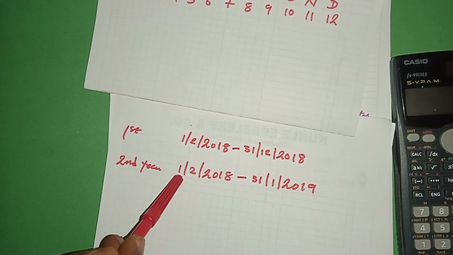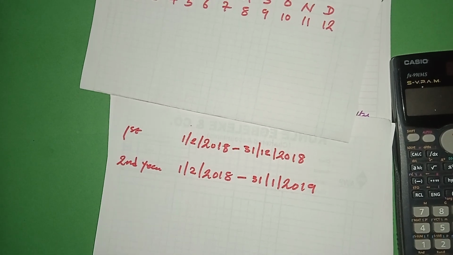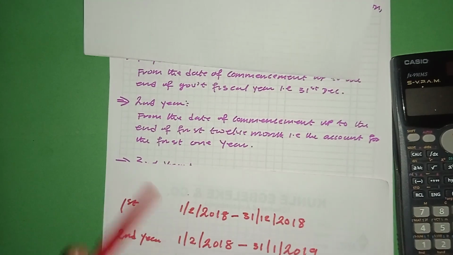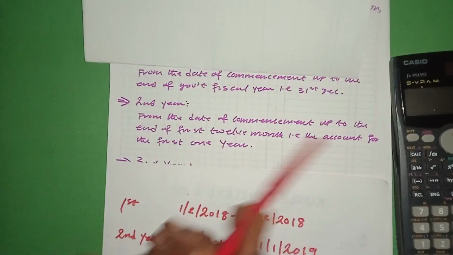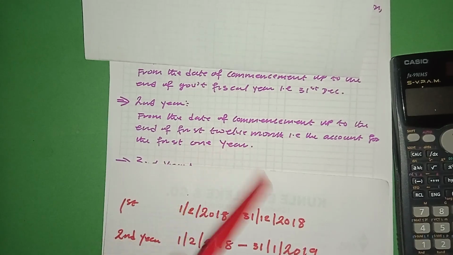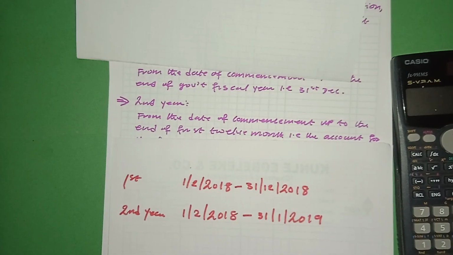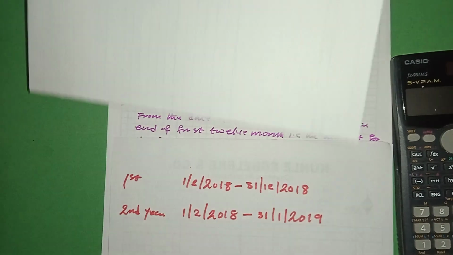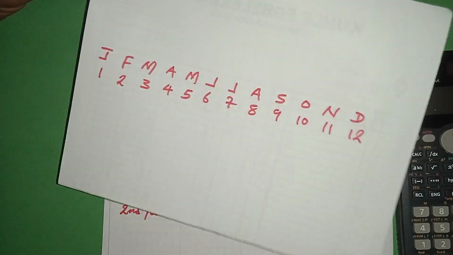The second year says that from the date of commencement up to the end of the first 12 months. The first 12 months will give you January 2019. You understand how we counted it from here. Don't underrate this.